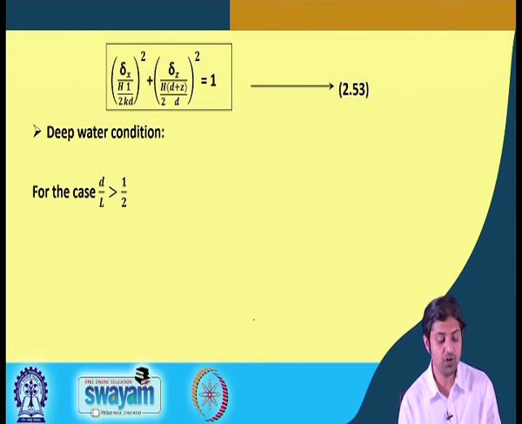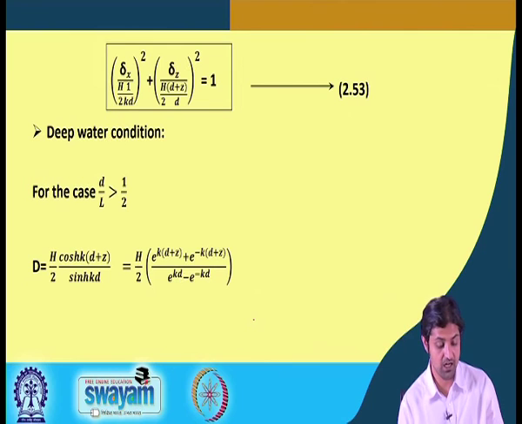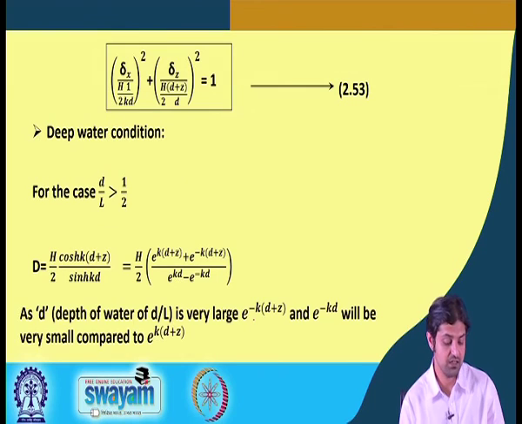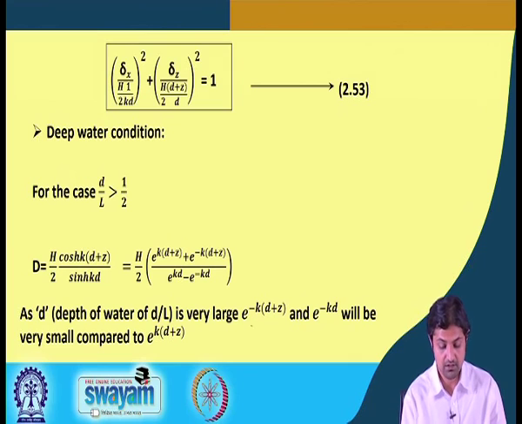But in deep water, for the case d by L greater than half, D becomes H by 2 times e to the power k(d+z) plus e to the power minus k(d+z), divided by e to the power kd minus e to the power minus kd. As d is very large, e to the power minus k(d+z) and e to the power minus kd will be very small, correct, because it's deep.